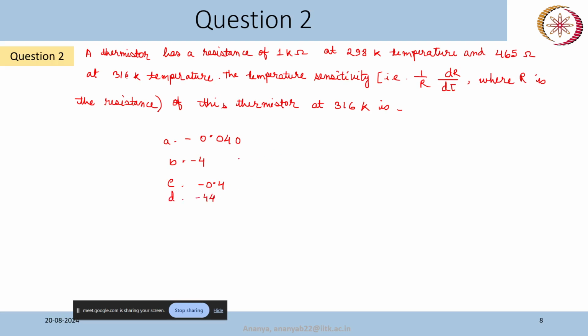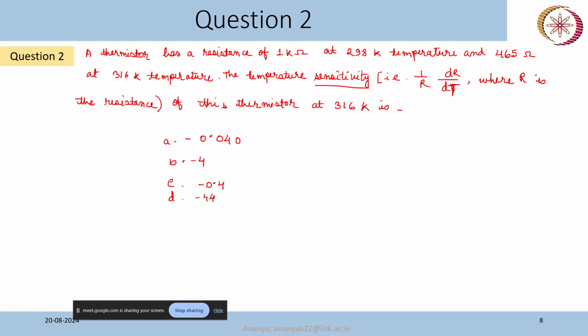So what will be the answer for this question? We have to calculate temperature sensitivity of the sensor. The expression is given. How the sensitivity is defined here: 1 by R dR by dT. And we have to calculate the sensitivity at 316 Kelvin.